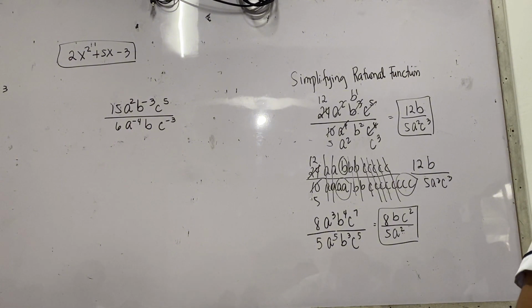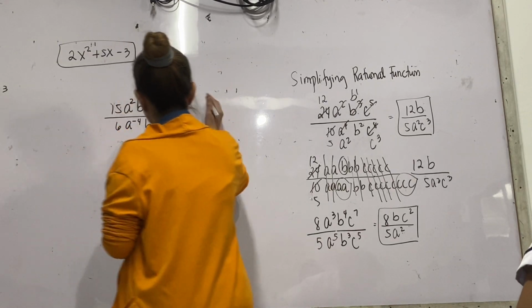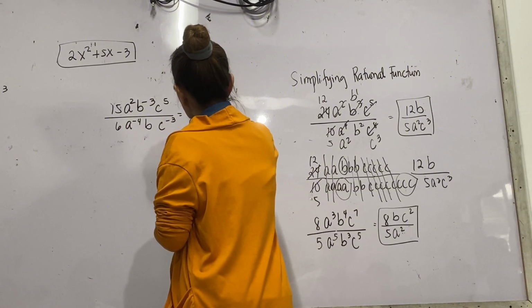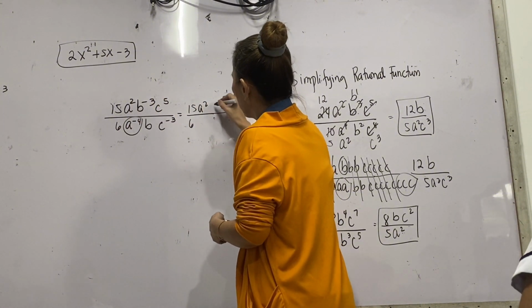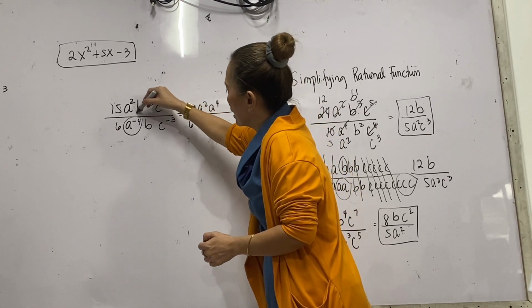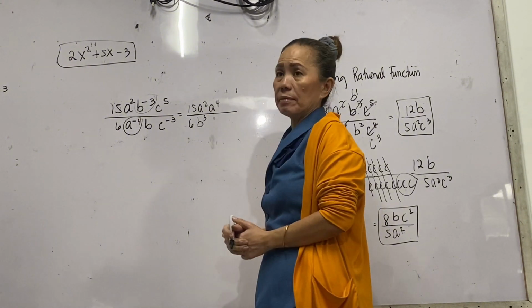Kapag naman daw nasa baba, itataas natin para maging positive. So what we're going to do is, 15 and 6, a^2, since it is negative, itataas natin para maging positive. Since it is negative, ibababa natin para maging positive.